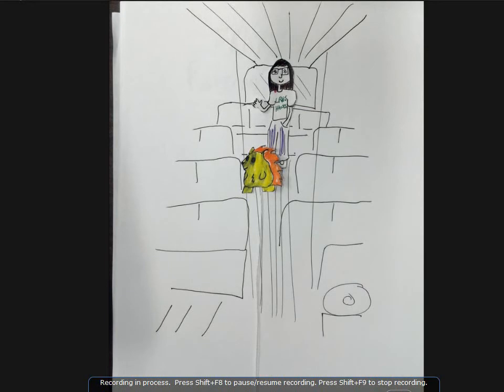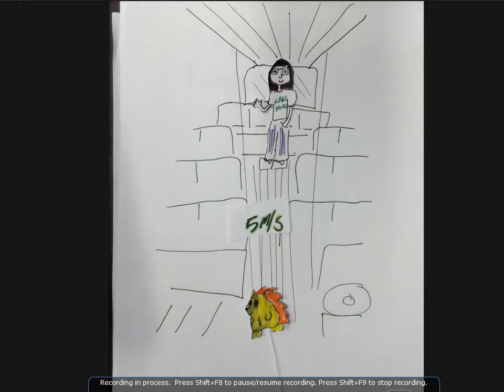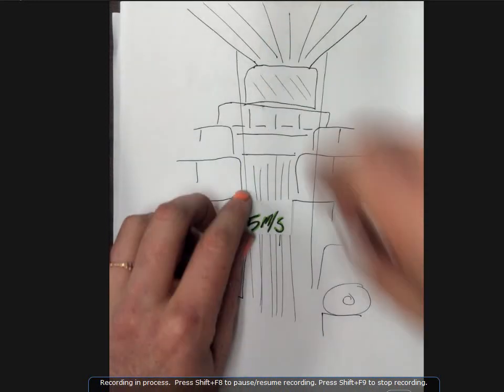And from your frame of reference, if this hedgehog starts moving, the hedgehog has its own speed, and we'll say its own speed is 5 meters per second compared to you. So to you on this bus, the hedgehog is moving 5 meters per second down the aisle. That would be one frame of reference. That frame of reference would be on a bus.